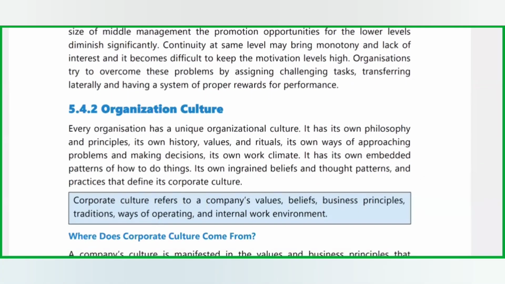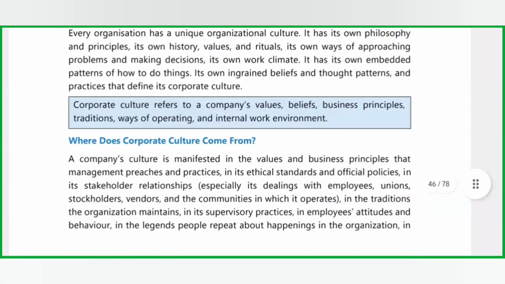Next is organization culture now. Every organization has a unique culture. It has its own philosophy and principles. Corporate culture refers to a company's values, beliefs, business principles, traditions, way of operating, and internal work environment.